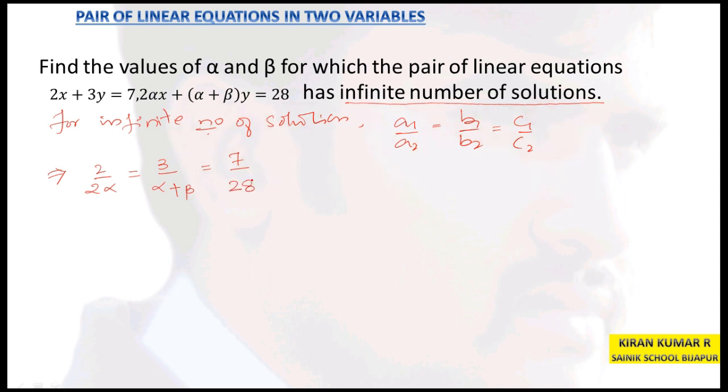Now, how do we find alpha and alpha plus beta? We consider this first one along with the third one.